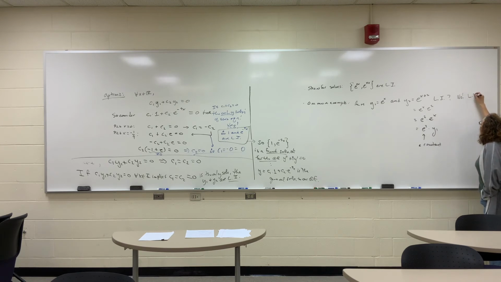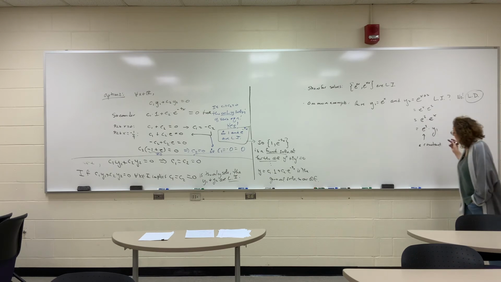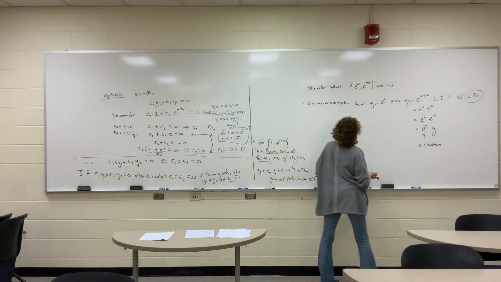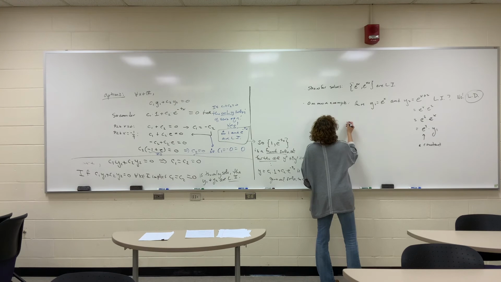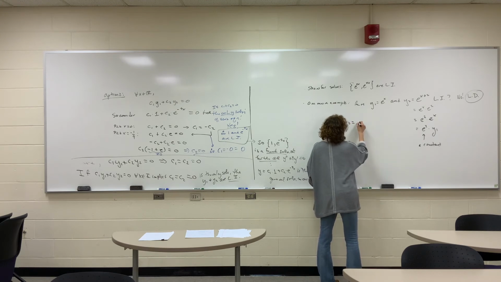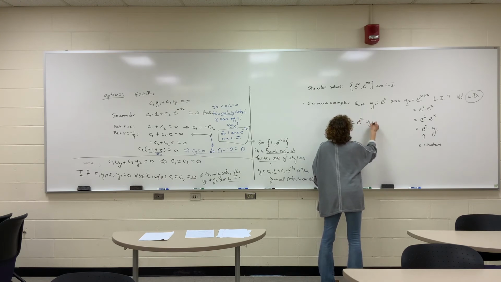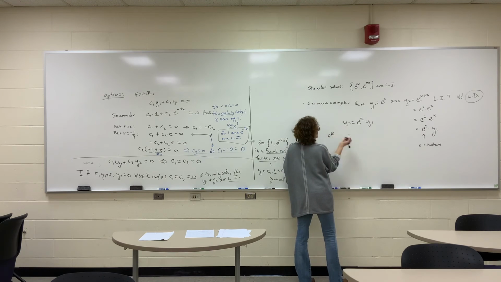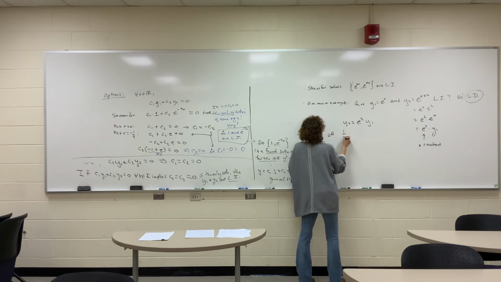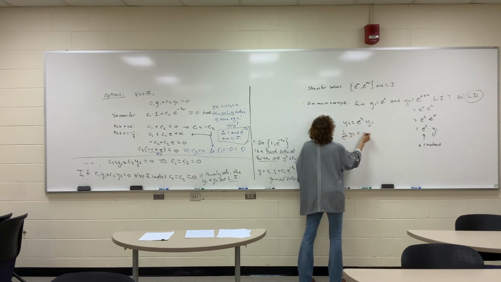They're linearly dependent, right? Because one is a constant multiple of the other. So y2 is e squared times y1, or, what I was saying before, 1 over e squared times y2 is y1.